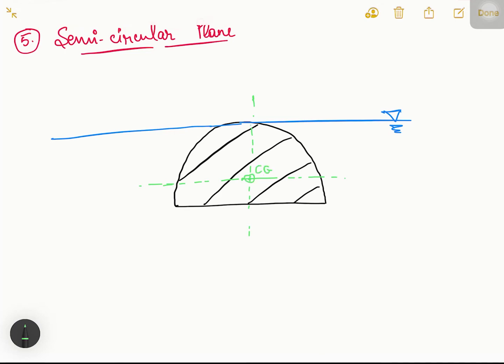This radius is capital R. So here this CG line is at a distance from the base of 4r by 3 pi.